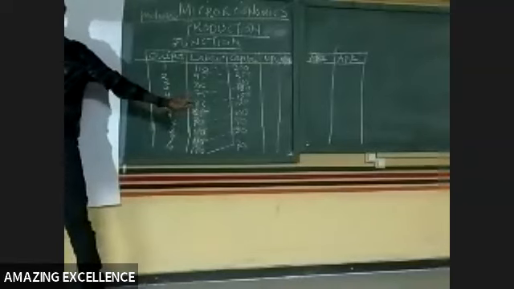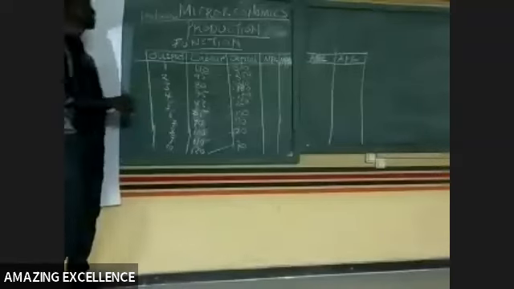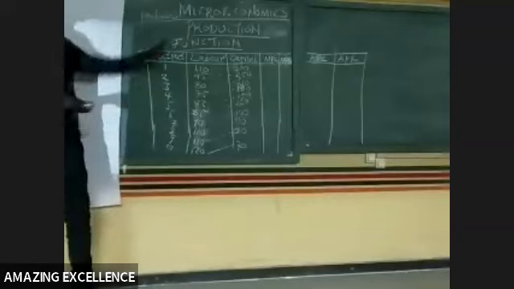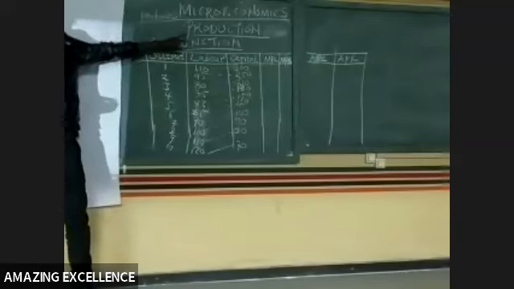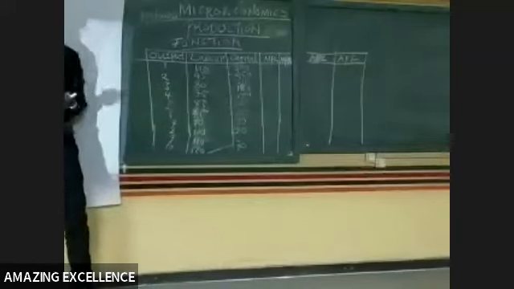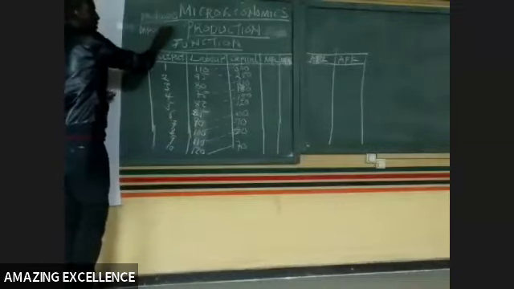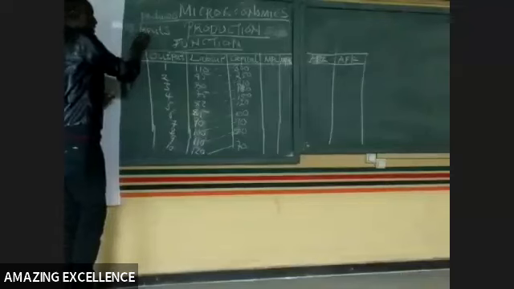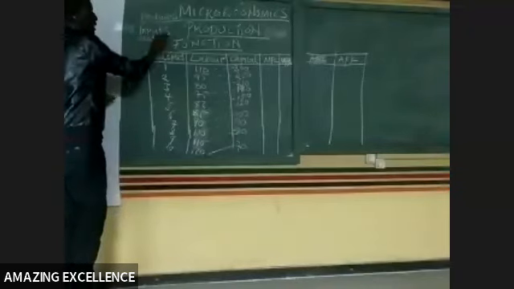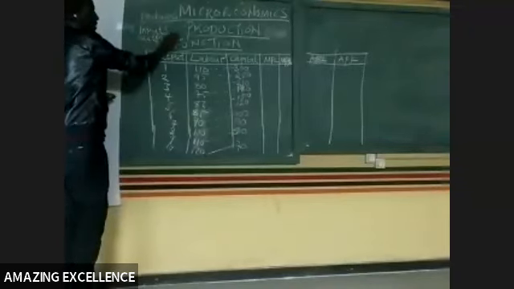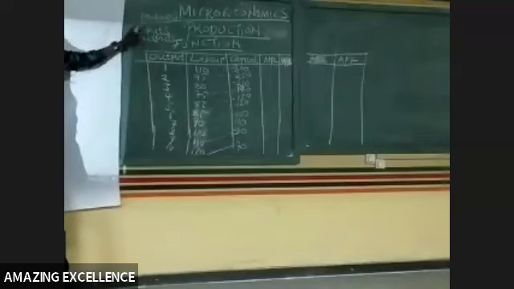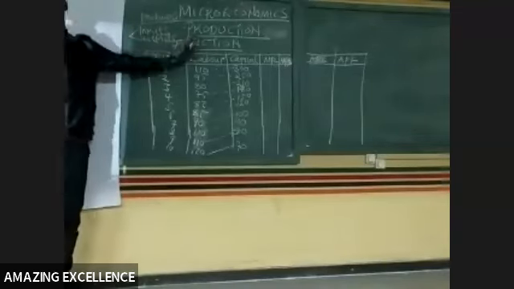So there is the function that draws the relationship between the input and the output. The function that draws the relationship between the input and the output is called the production function.